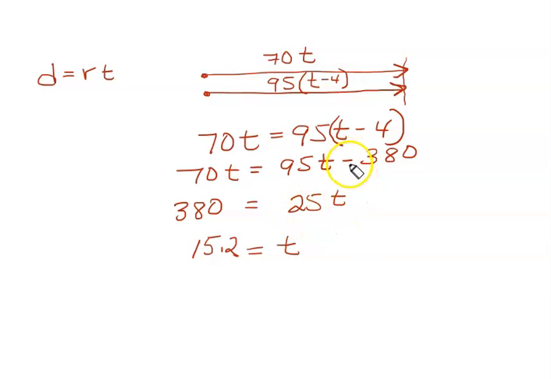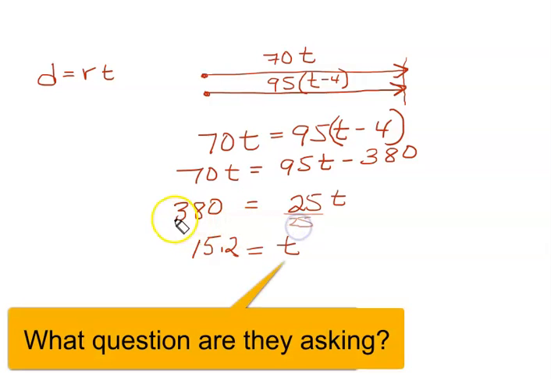Then I'm going to just transpose the negative 380 to the other side where I got a positive 380. And then I divided both sides by 25 here, and I get t equals 15.2.